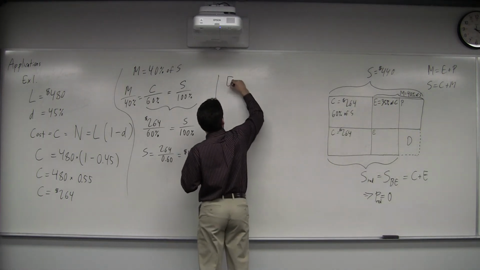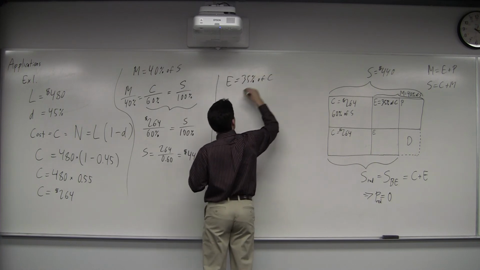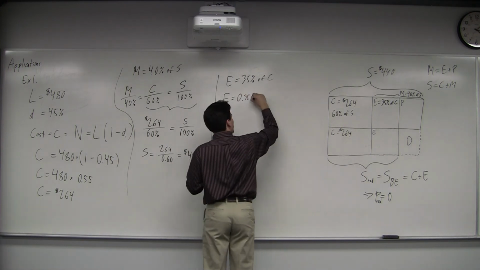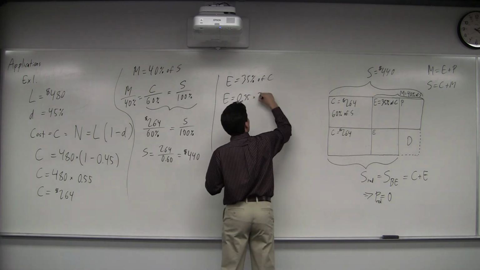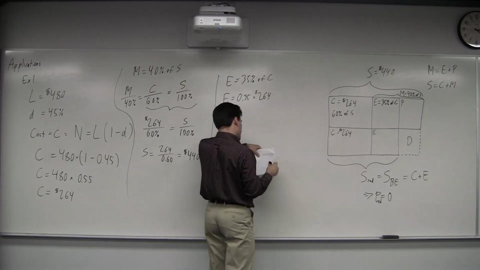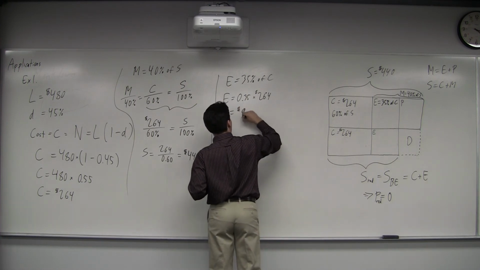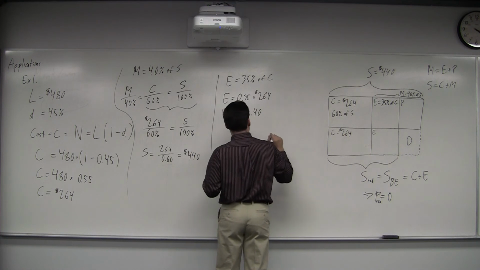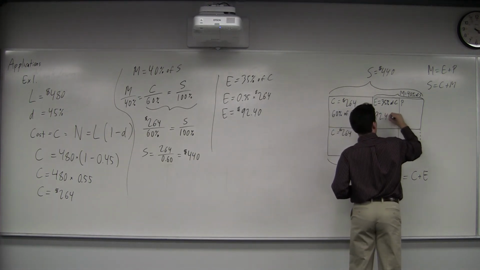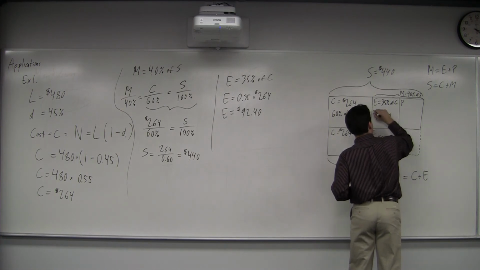So expenses are equal to 0.35 as a decimal times $264. So the overhead expenses are $92.40. So we can put that in, $92.40, and that doesn't change when we reduce the price either.